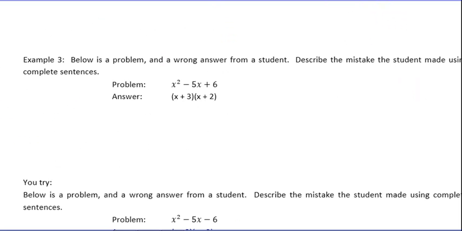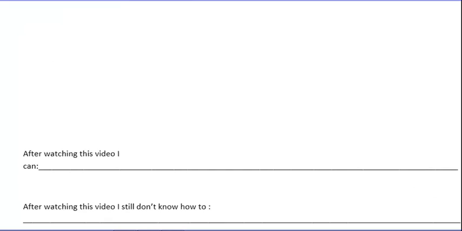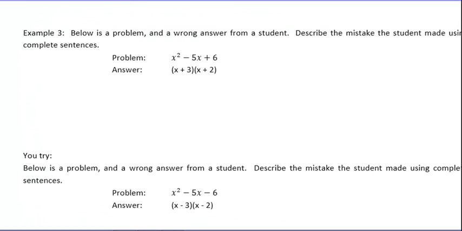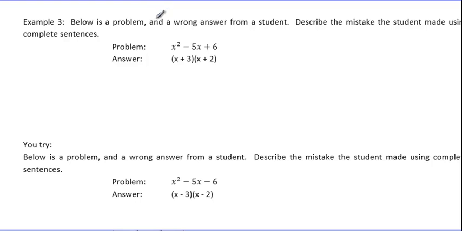Alright, last one. I know this video is going to be a little bit longer than usual, but sometimes you can't help it with factoring. So once again, we have a student mistake. We have a problem, we have the answer, we have to describe the mistake the student is making, using complete sentences. Once again, it usually starts with you saying, how did we go from here to there?